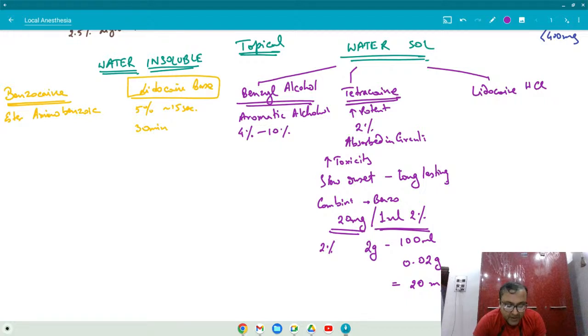As far as lidocaine hydrochloride is concerned, we use it again at 2% to 4% concentration, and this is water soluble. So should water insoluble lidocaine base be more toxic, or should lidocaine hydrochloride be more toxic?